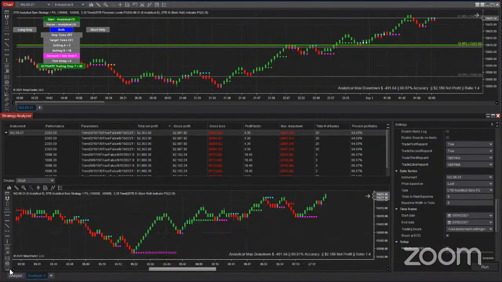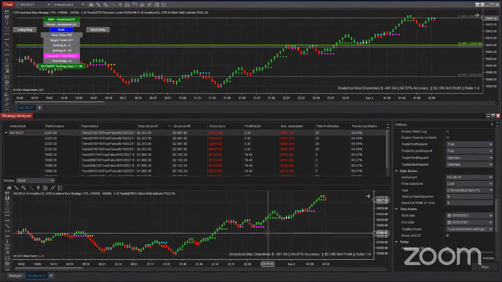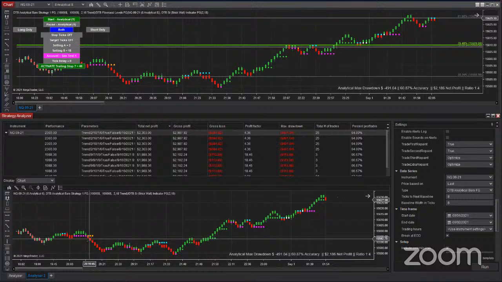So this is just a way of checking the bar formation and everything. This is the first point you will see whether something is wrong. So this is your first step to check why things are not working.